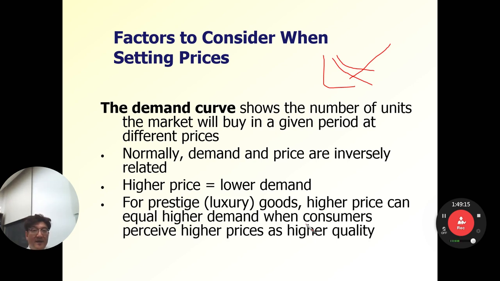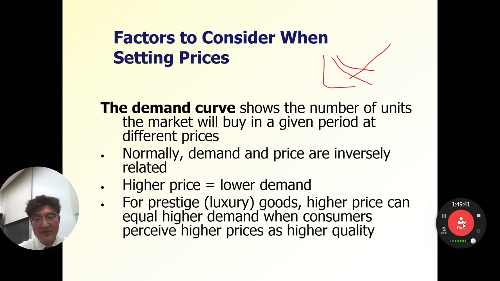People might see that since this one has a higher price, probably the quality is also good. If people perceive it that way, the high price also generates high quantity. But not every time. Usually, the price and the quantity are inversely related.